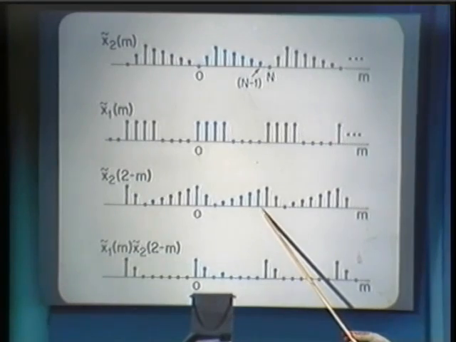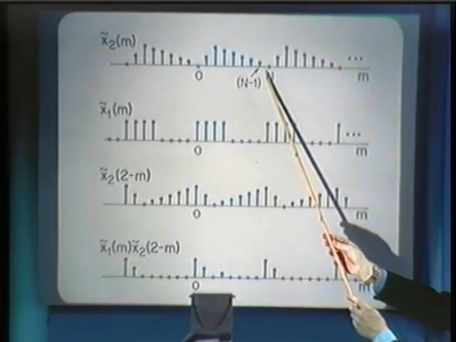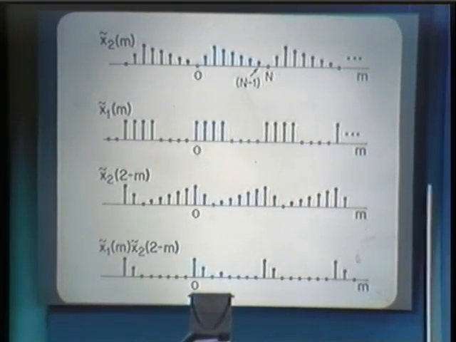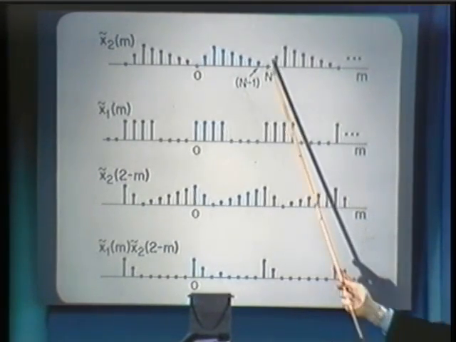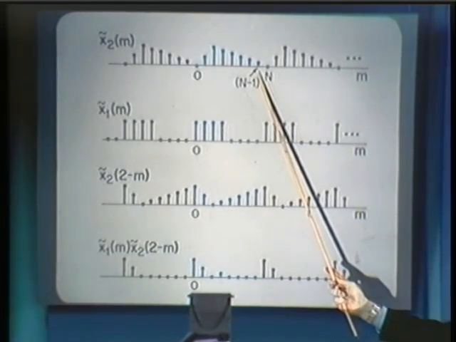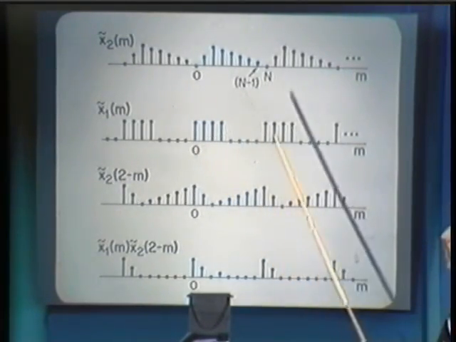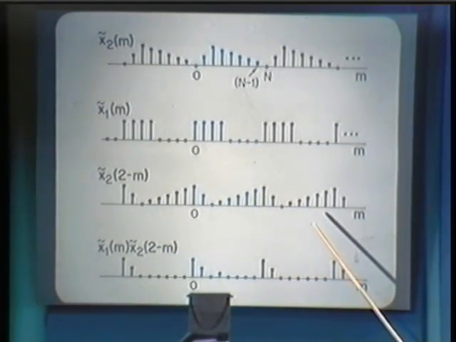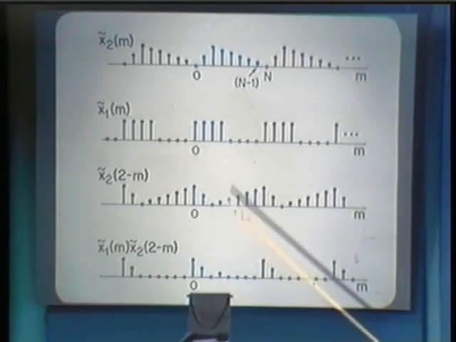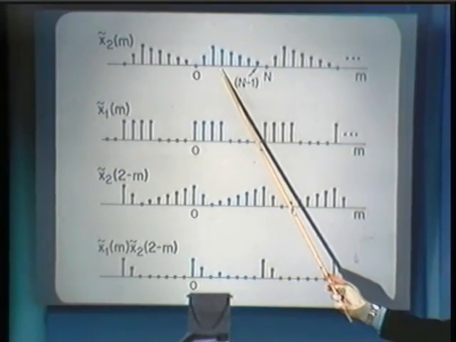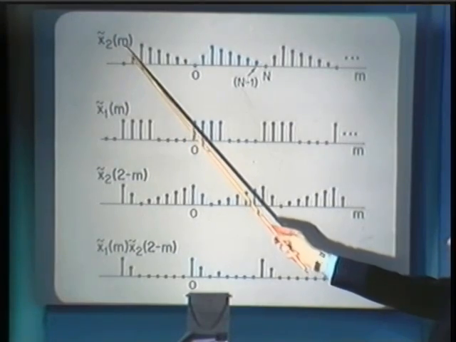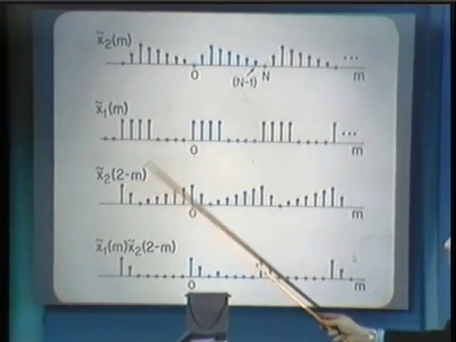To generate this sequence from this one involves essentially two steps. The first step is to flip this sequence over. That's replacing m by minus m. And then the second step is to shift the sequence by an amount little n, depending on the argument that we want to stick in here.